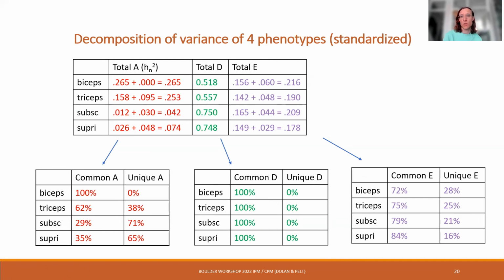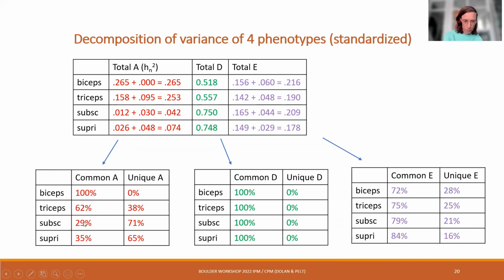We would not be able to come up with such hypotheses or draw such conclusions based on the unconstrained ADE model, because then we don't distinguish between common and unique effects. So one thing I have to add here, by the way, is that, of course, these percentages only express the relative distribution, right?